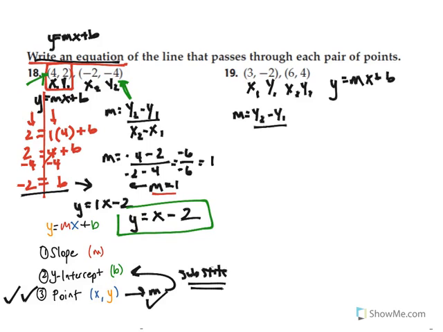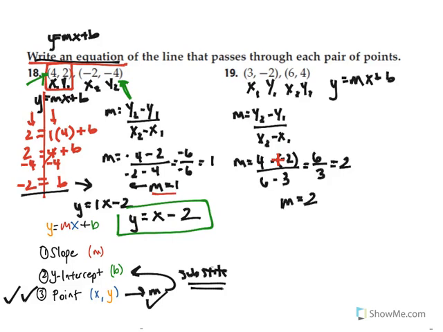Slope is y2 minus y1 over x2 minus x1. Slope is y2 is 4 minus y1 is negative 2 divided by 6 minus 3 gives me, remember minus minus is a plus, I get 6 over 3, slope is 2.